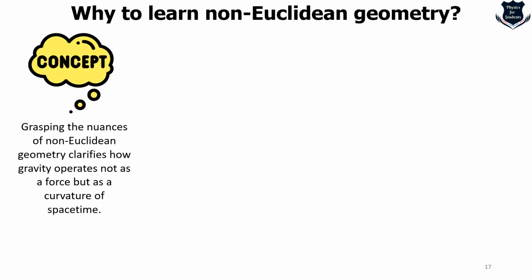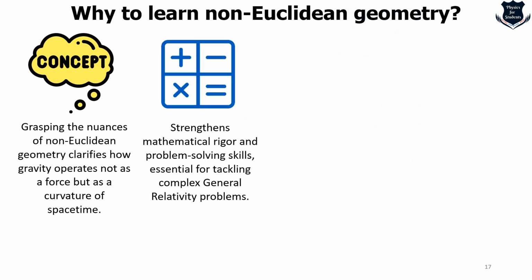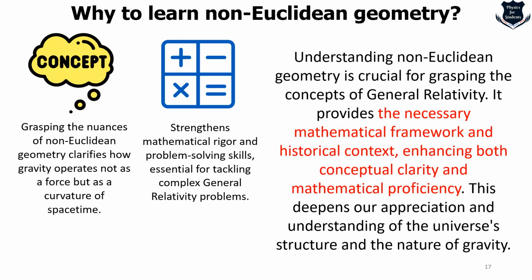Also, we can say that the nuances of non-Euclidean geometry, how to understand curvatures, etc., the concepts are much more clear, and it essentially gives you mathematical rigor in tackling problems with general relativity.